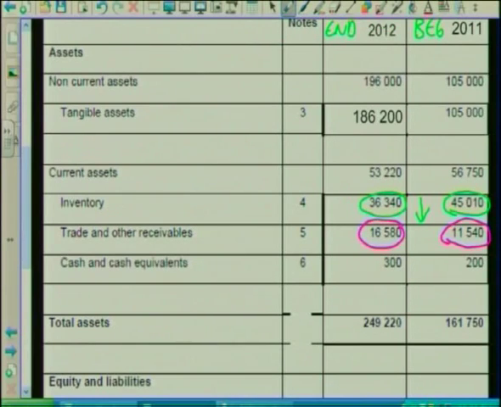Now, immediately, can you see there's been an increase in my debtors? And an increase means that I'm obviously allowing my debtors to buy more on credit. Money is not coming into my bank account. So an increase in debtors represents an outflow of cash, and hence it must be shown in brackets.